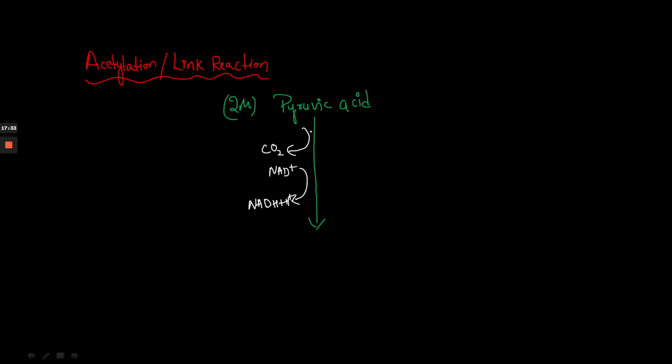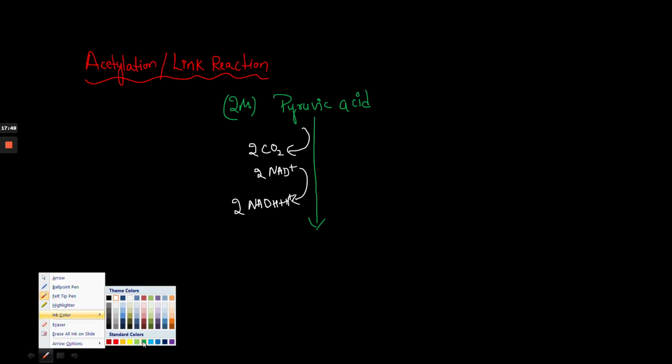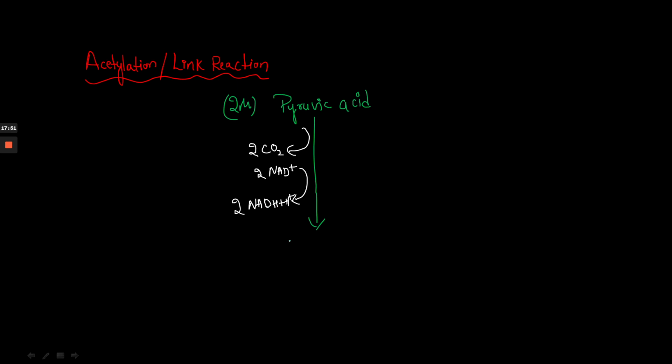Since 2 molecules of pyruvic acid are there, 2 molecules of CO2, one from each molecule of pyruvic acid, are going to get removed, and 2 molecules of NAD plus are going to get converted into 2 molecules of NADH, and it ultimately forms something known as acetyl. Now this acetyl is not very stable in the cells, so in order to stabilize it, it takes help of coenzyme A and ultimately forms acetyl CoA.